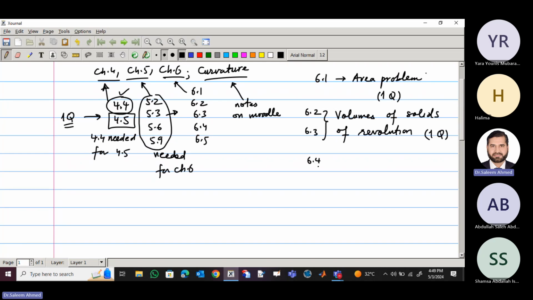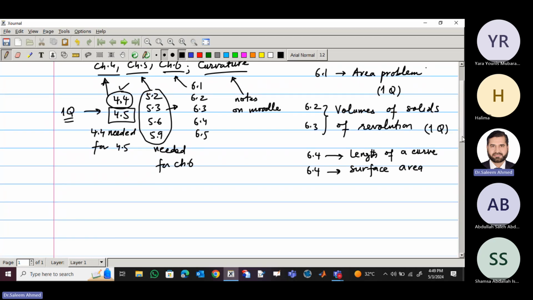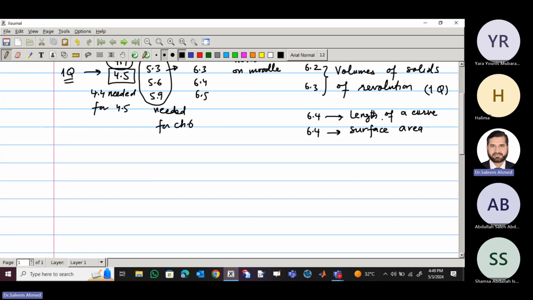And then you have 6.4, 6.5. 6.4 is the arc length of a curve. 6.5 is the surface area. So they both have similar formulas, basically. Length of a curve has little smaller formula, and that formula is used in 6.5.